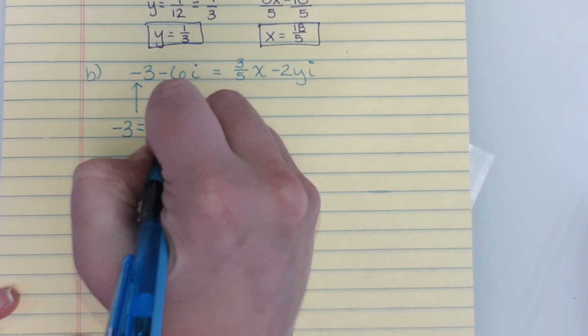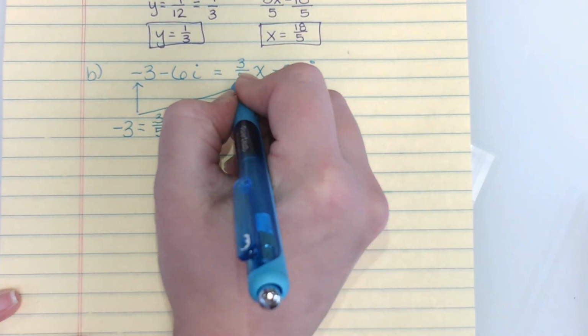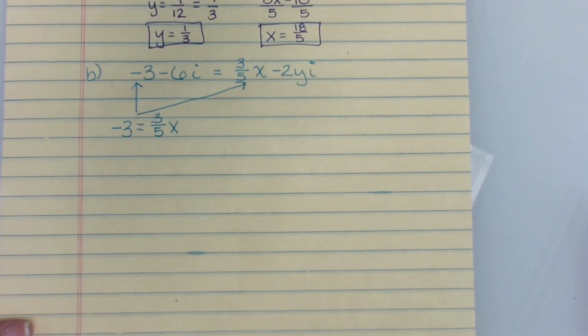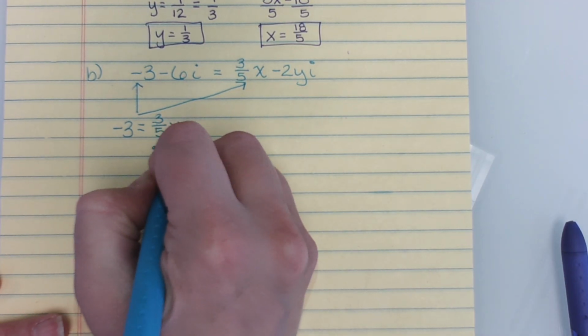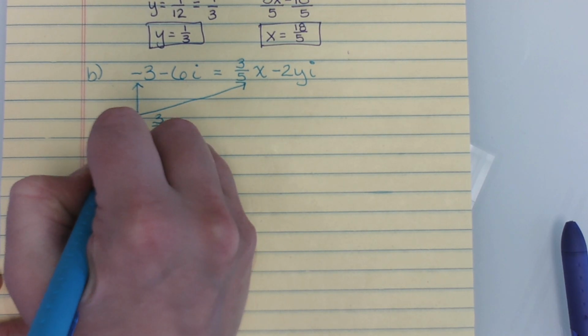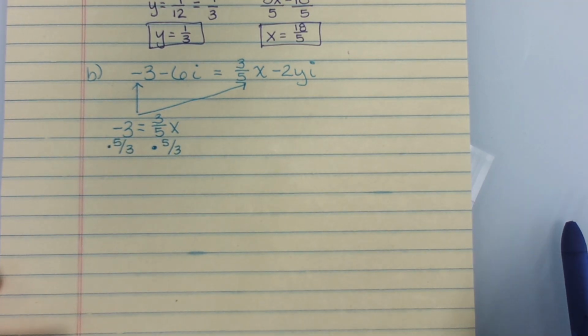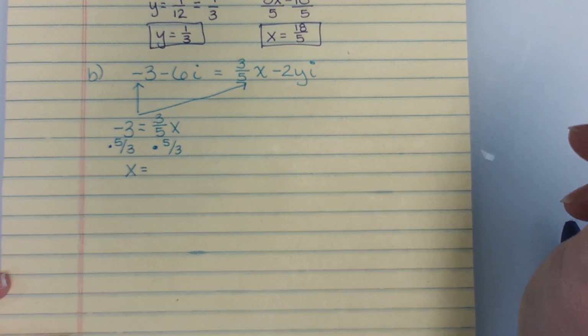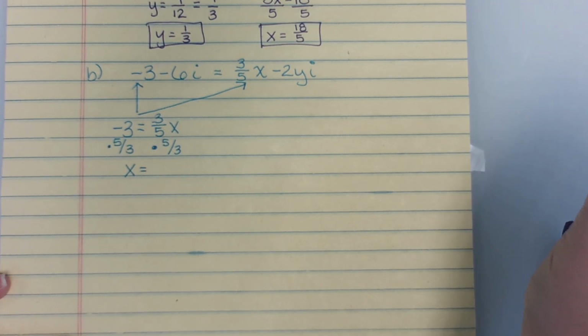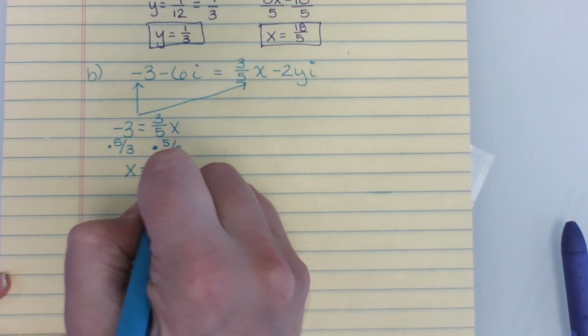Three-fifths x. How do I solve for x when it's got a 3/5 in front of it? Reciprocal. To divide by a fraction is to multiply by its reciprocal. -3 times 5/3. -5.